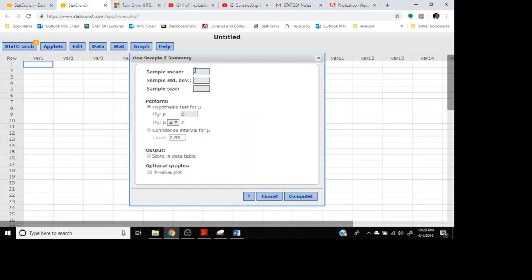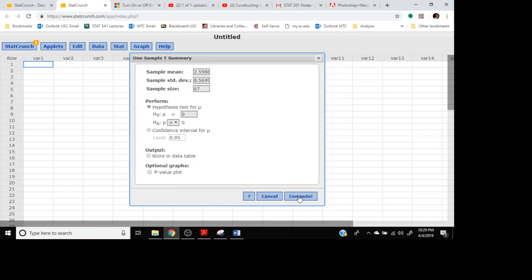The sample mean in that example that we just looked at was 2.5988. Our standard deviation was 8.5699. And our sample size was 67. Notice our null hypothesis was 0 and our alternative hypothesis was greater than. Mu is greater than 0.